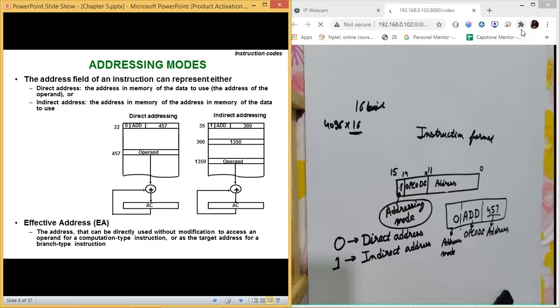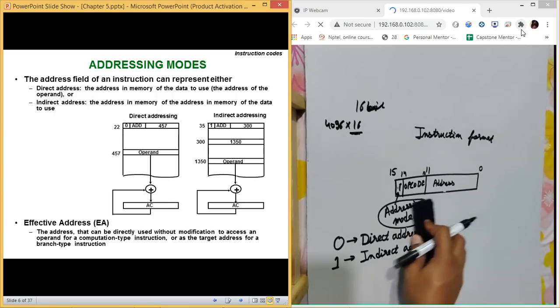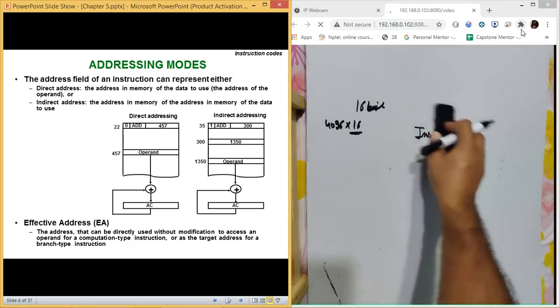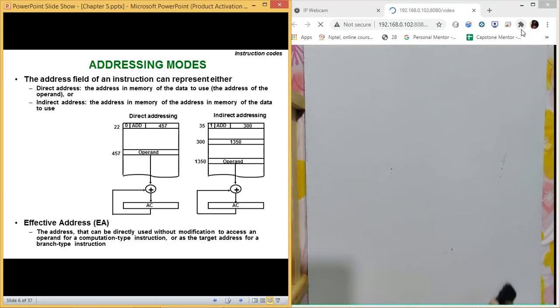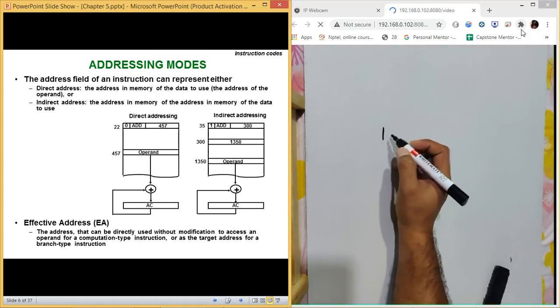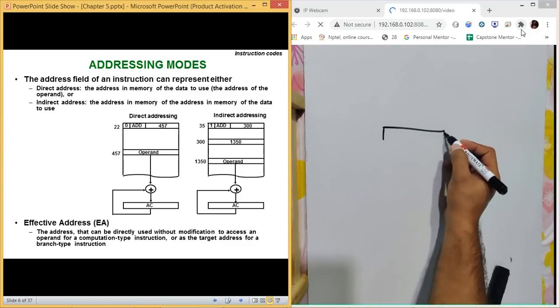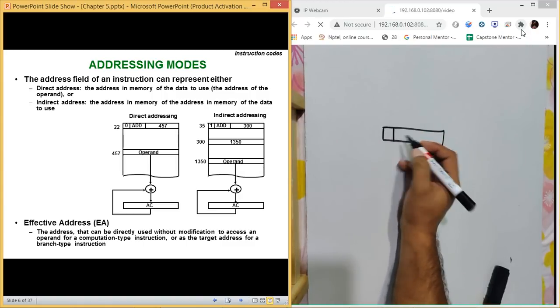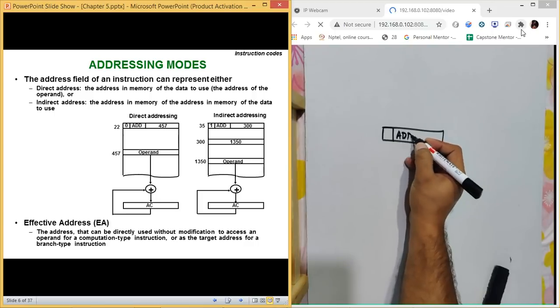Now let us differentiate the direct address from the indirect address. We are going to take the same example from your slide and cover the difference between a direct and an indirect address in this slide. Let us make the same diagram. This is an ADD operation.